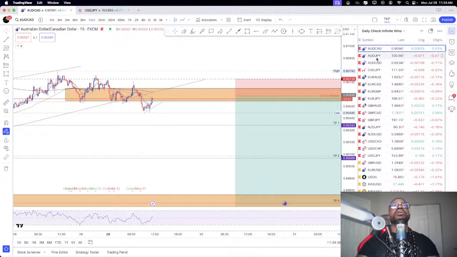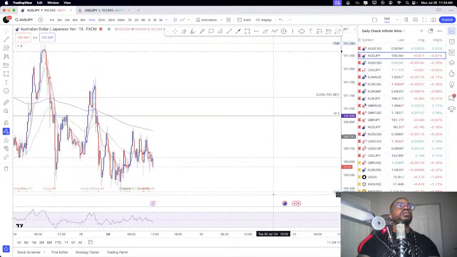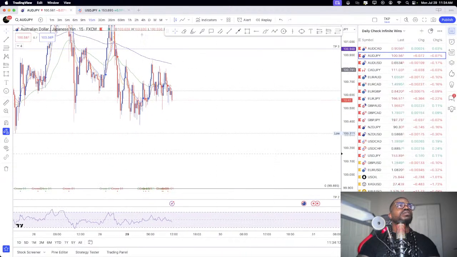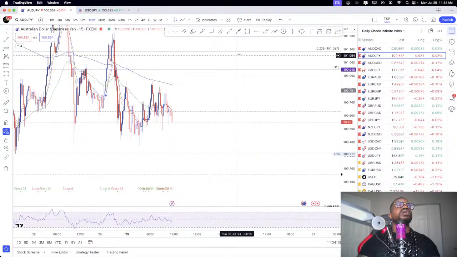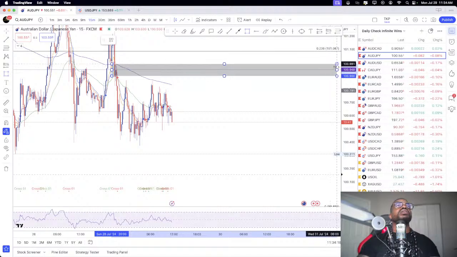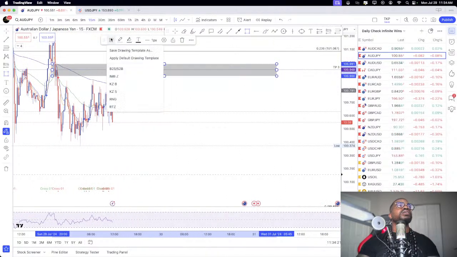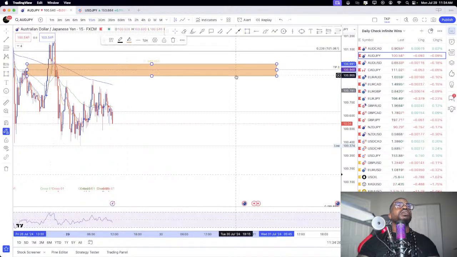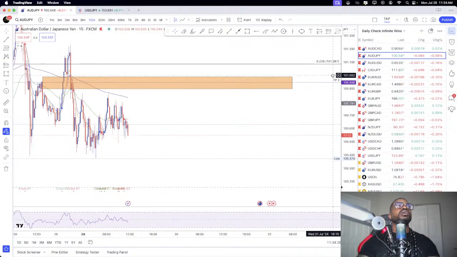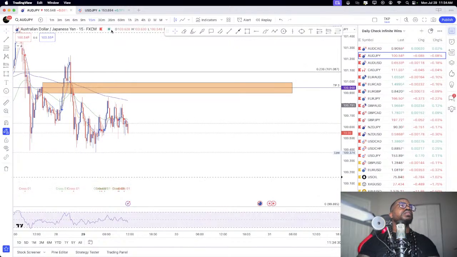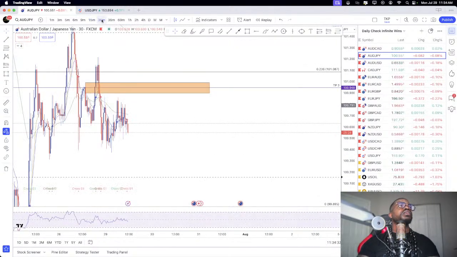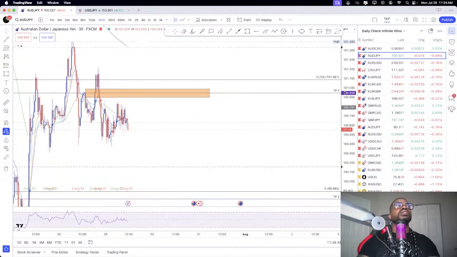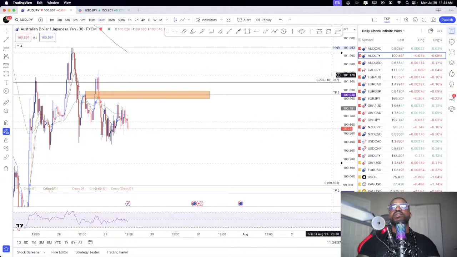What else were we looking at? Oh, AUD JPY wants to go. Oh no, she's not ready. Let's go ahead and set this limit order on AUD JPY too.